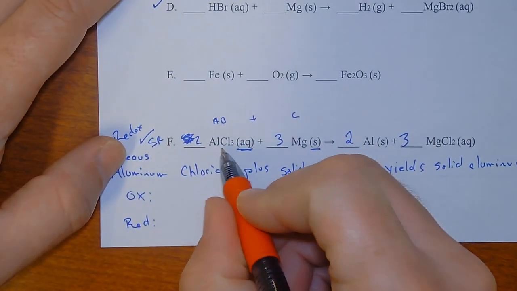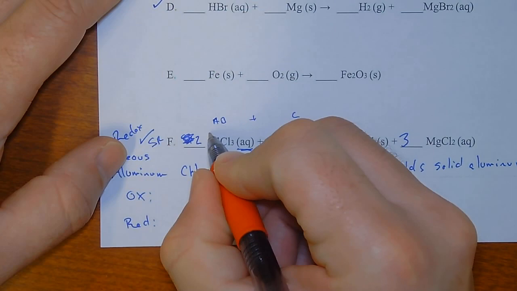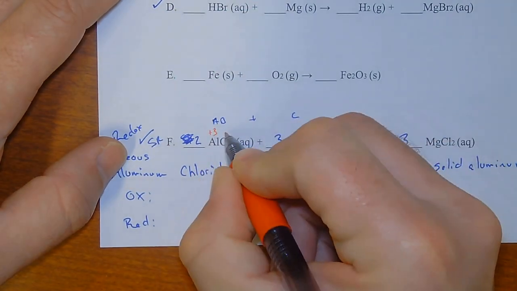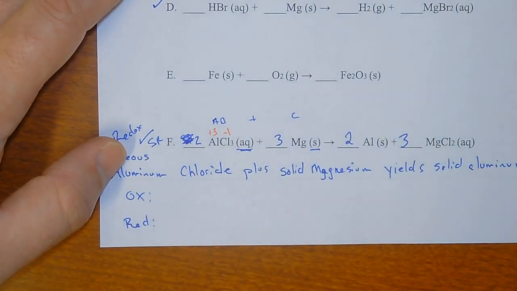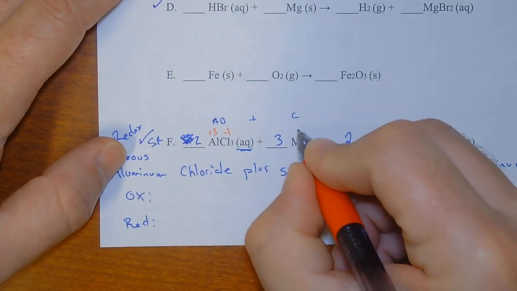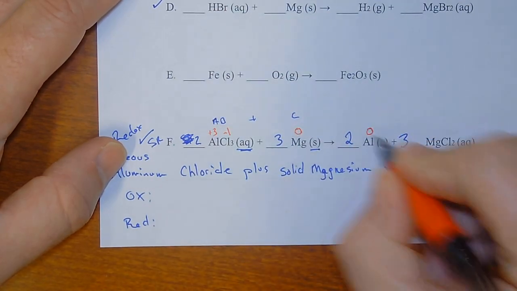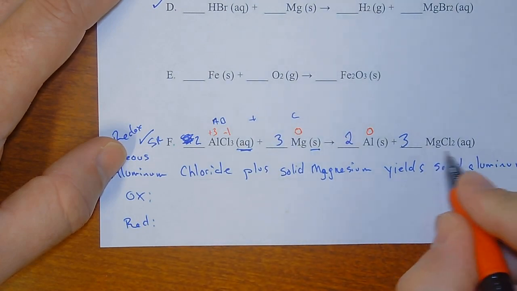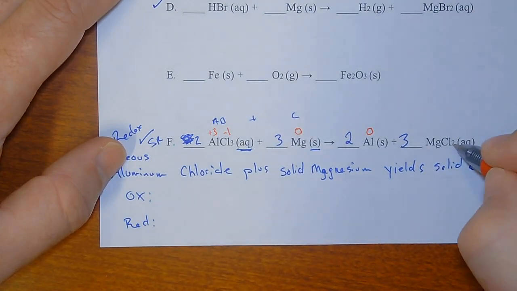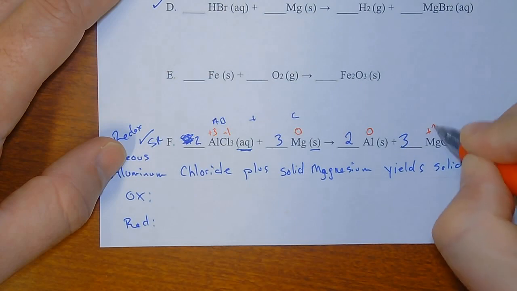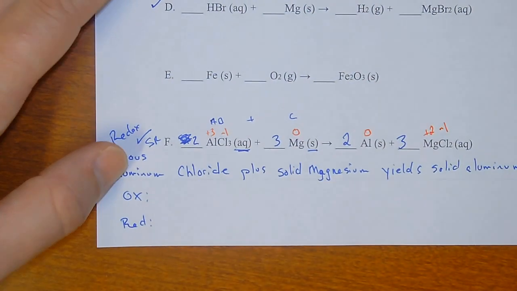So I know that aluminum chloride, well, this is ionic, so I can just bring that +3 and then a -1 there. Magnesium's by itself, 0. Aluminum's by itself, 0. Magnesium chloride, once again, it is ionic, so I can just uncross my charges. +2, -1.